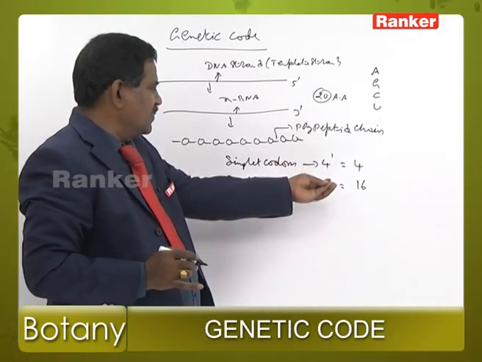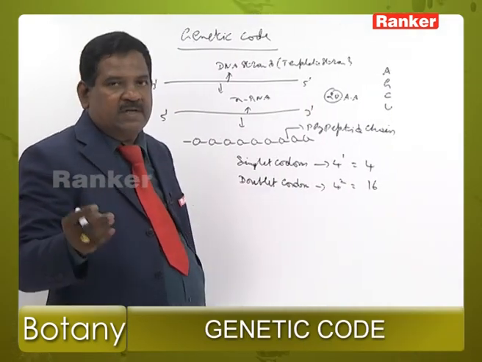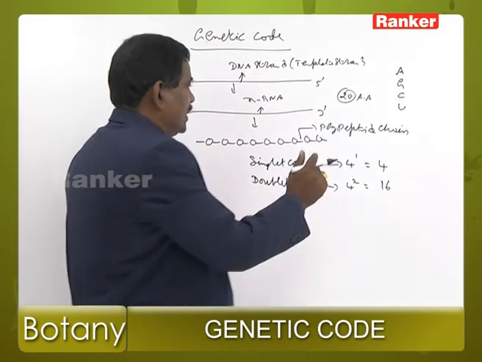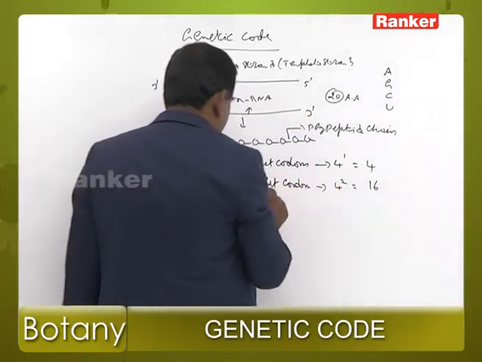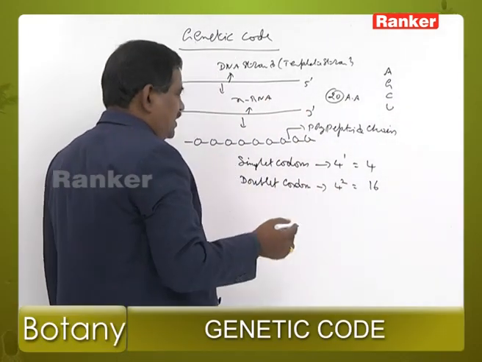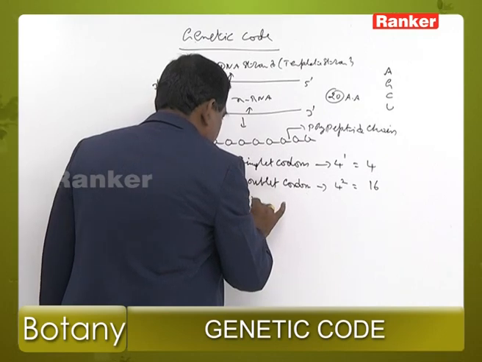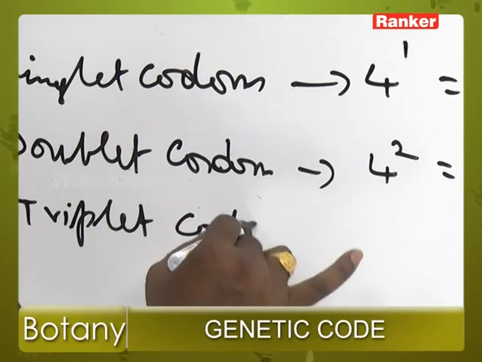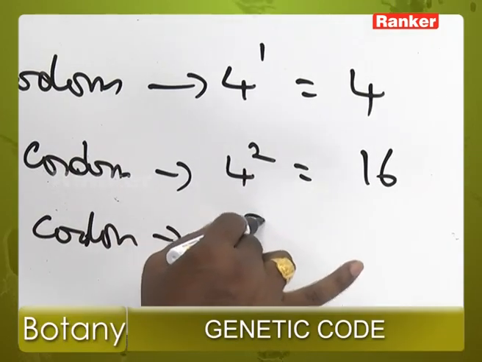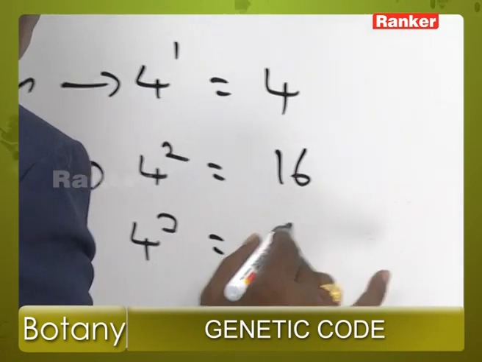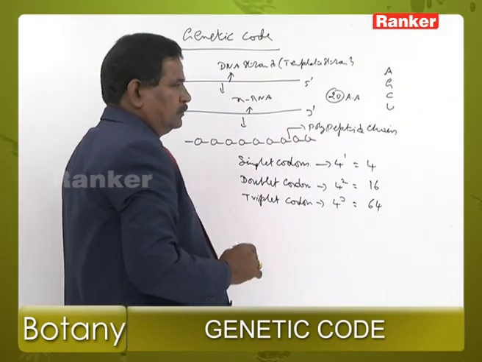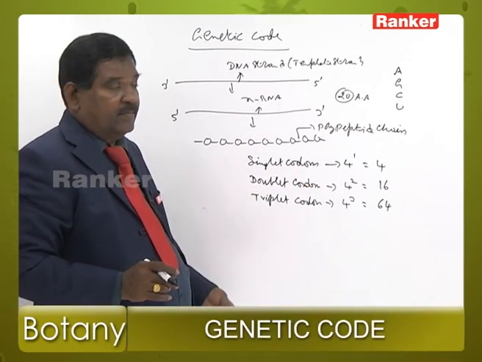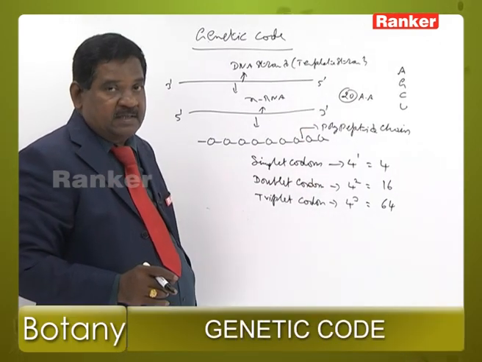But the 16 types of codons are not sufficient to recognize 20 types of amino acids. Suppose if we take 3 nitrogen bases, that is called triplet codon, 64 codons are formed, that is enough to recognize 20 types of amino acids.